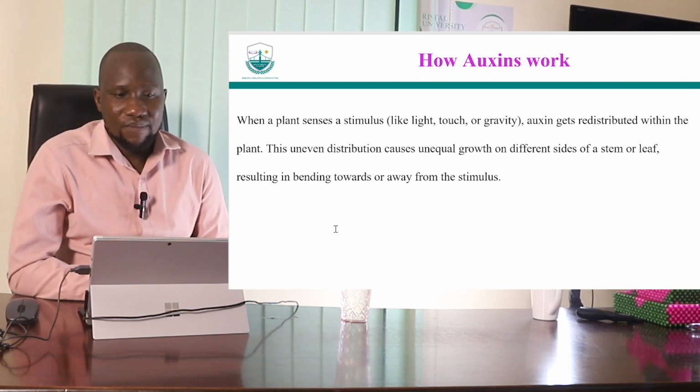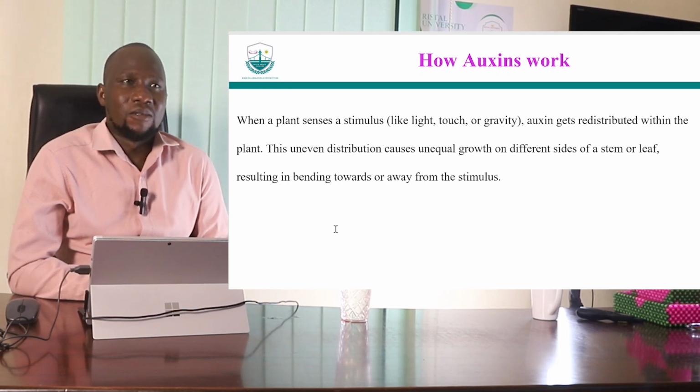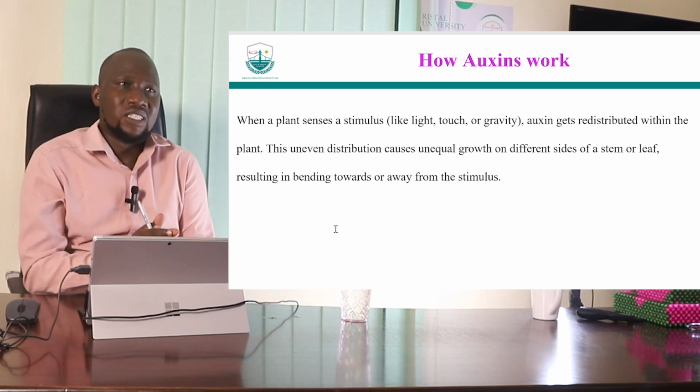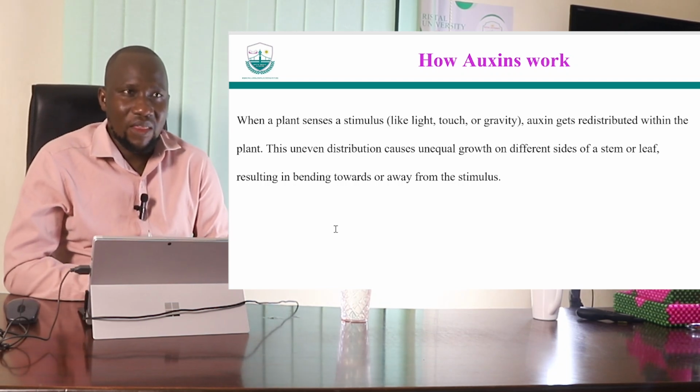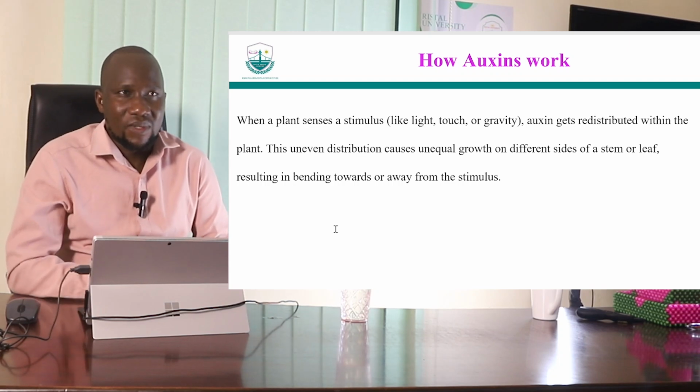So how do they work? They work in a way that they result in cell elongation. The auxins promote cell elongation. Okay, they make the cells longer.